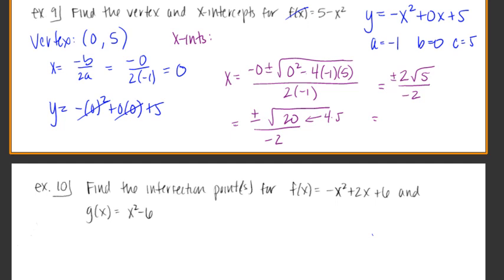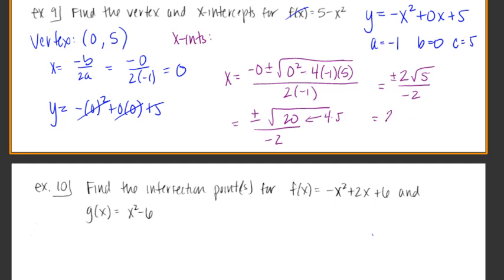So if I divide this through, then it's basically going to be plus or minus the square root of 5. Because with this negative down here in the denominator, let me write it like this so y'all can actually see it. Now I'm talking out loud. Let me write it like this, so y'all can agree with me.